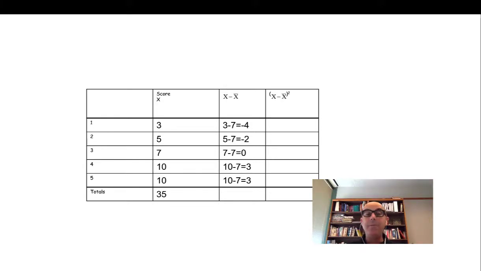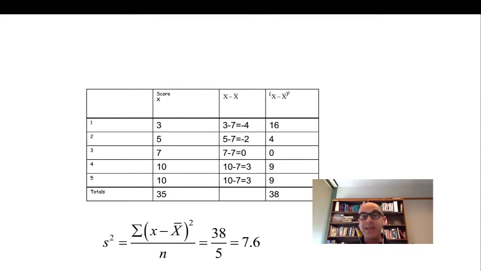So 3 minus 7 equals minus 4, 5 minus 7 equals minus 2, 7 minus 7 is equal to 0, etc. However, as we remember from the previous slide, we also need to square it, which means (x minus x hat) squared. So when x is 3, it will be equal to 16, then 4, 0, etc. So the sum of it will be different from the sum of the scores of x. So this is how we calculate that.